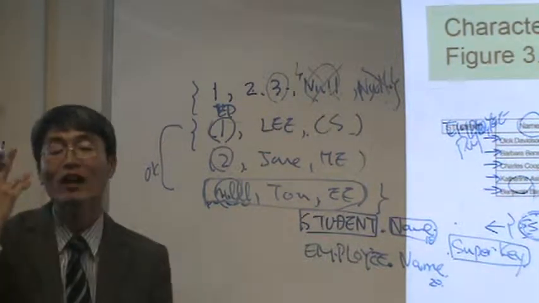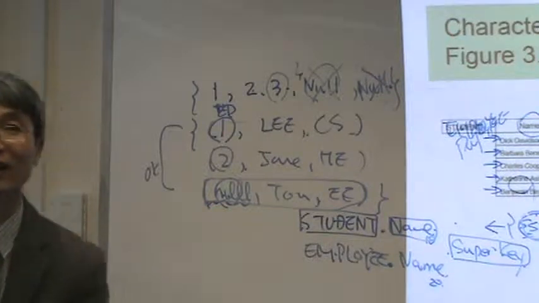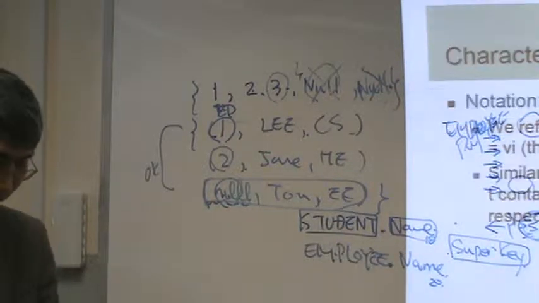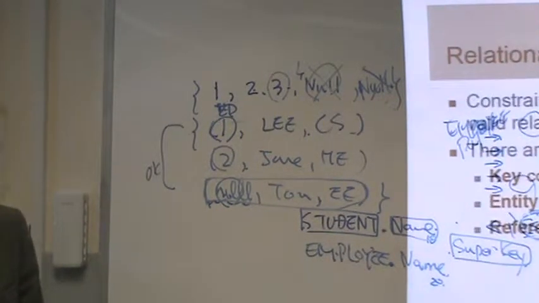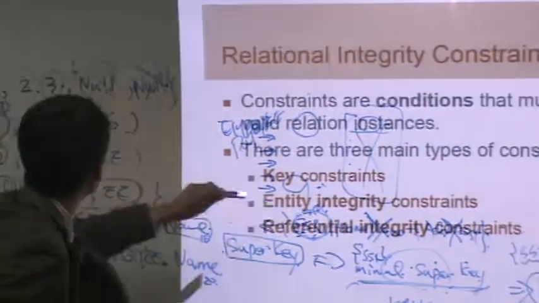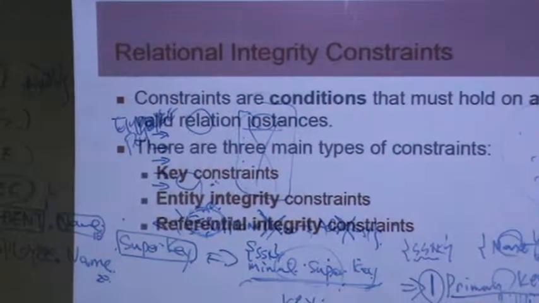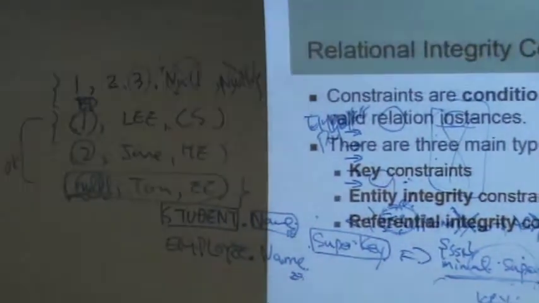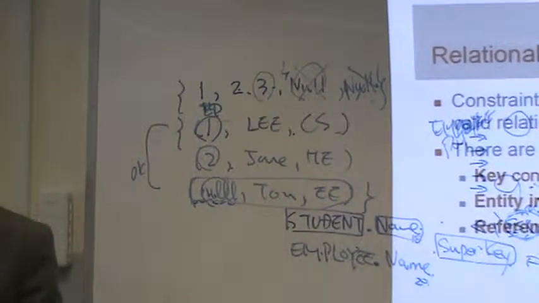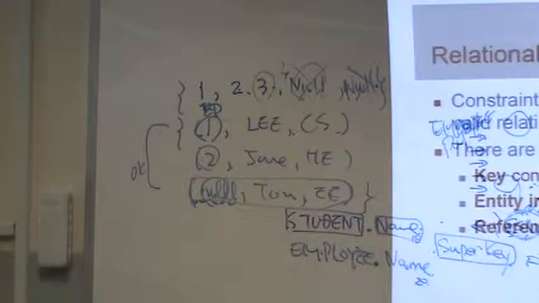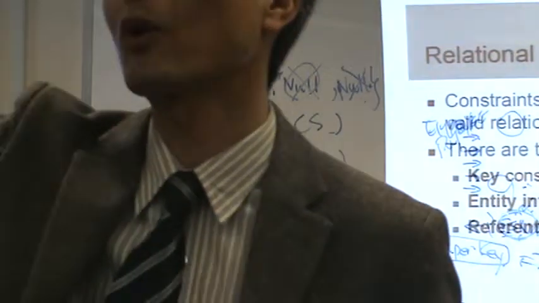Because of that, the second constraint is the entity integrity constraint. That is, the primary key should not be null. So that is the reason. You have probably heard the definition of a primary key before. What is a primary key?